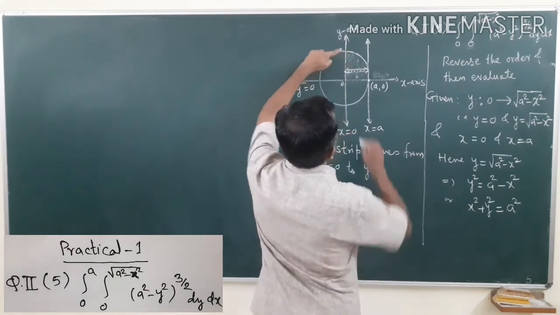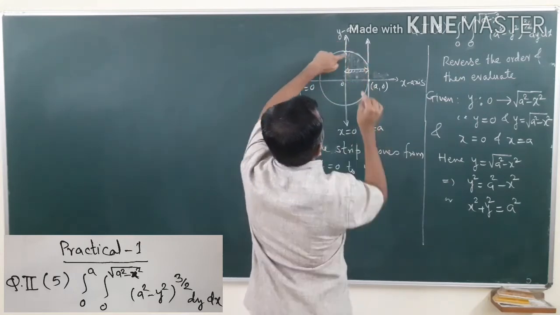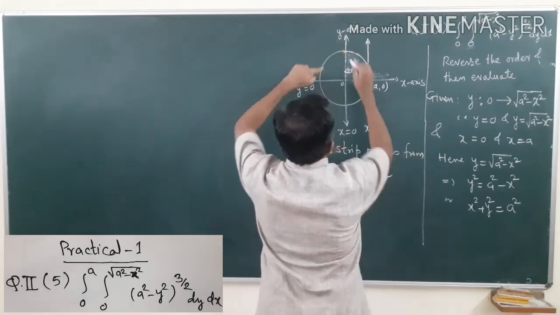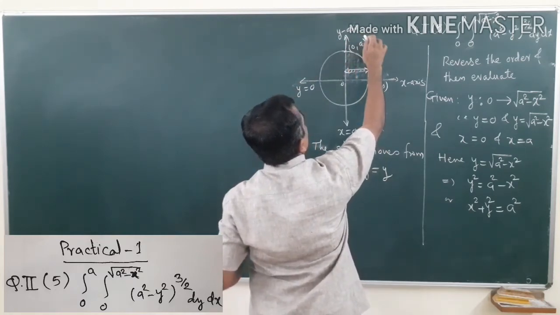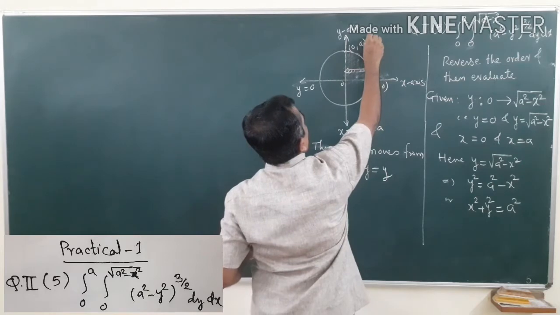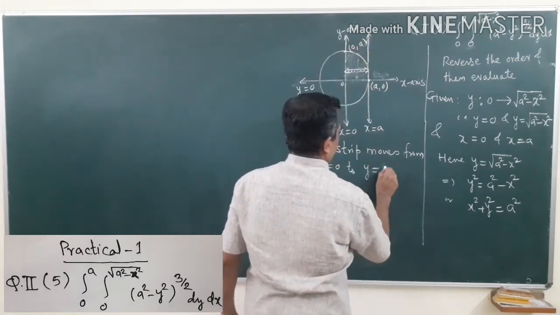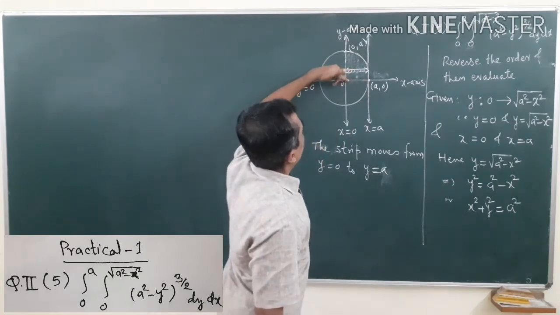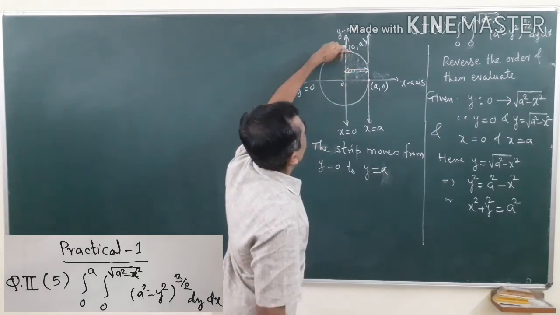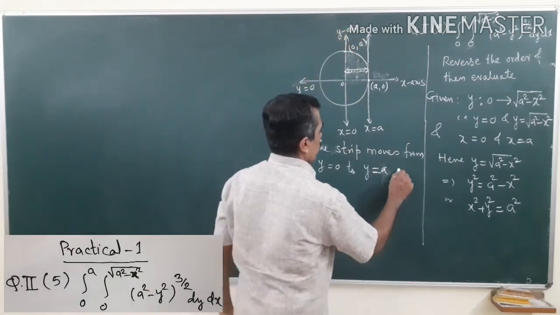The strip will move from this to this up to this point. So what is y here? Here it is 0 comma a. So the coordinates of this point are 0 comma a. Okay, 0 comma a. So y runs from 0 to a. So this will move from this point to this point. Okay. So y is equal to 0 to y is equal to a.